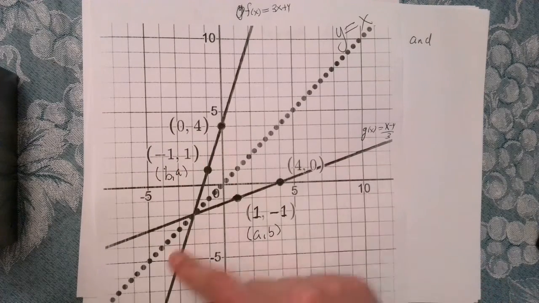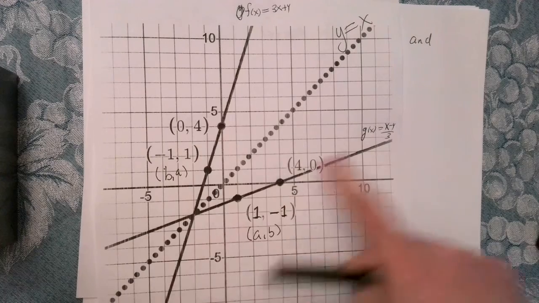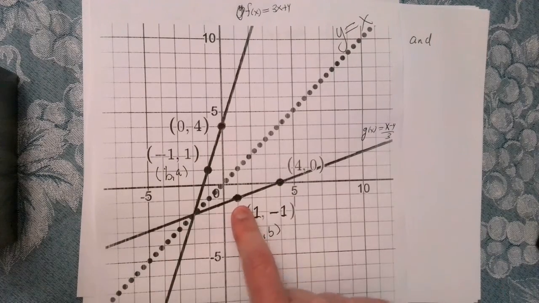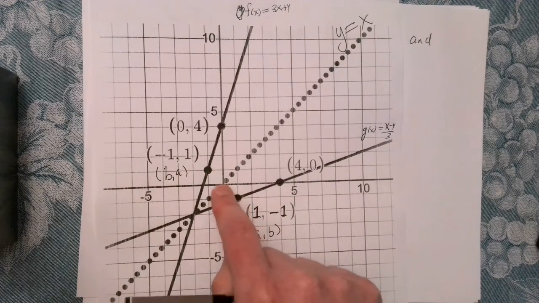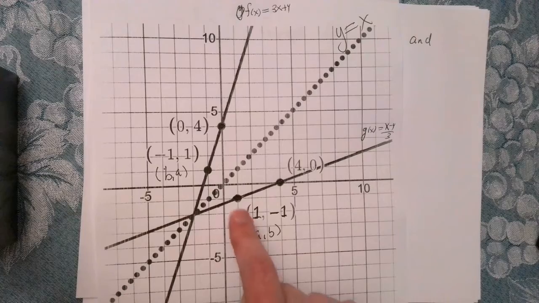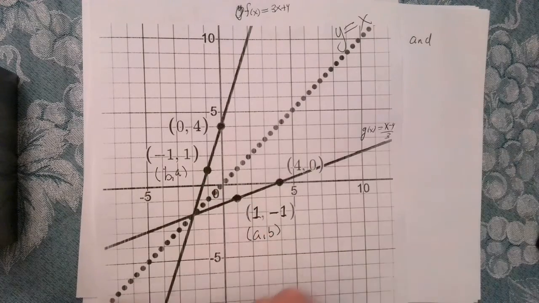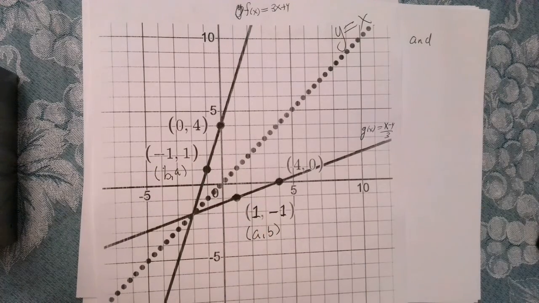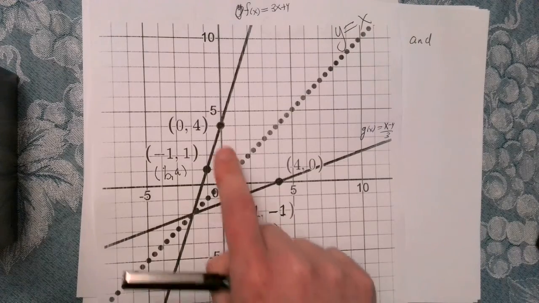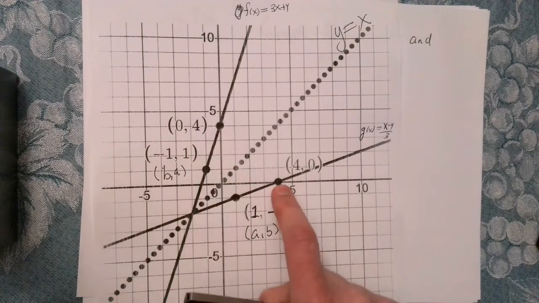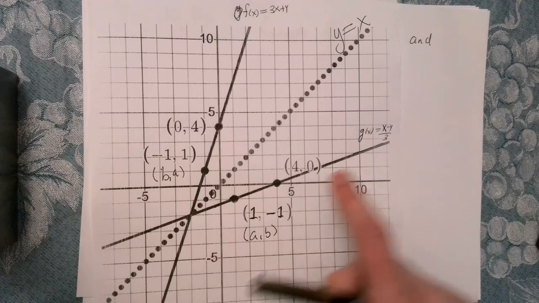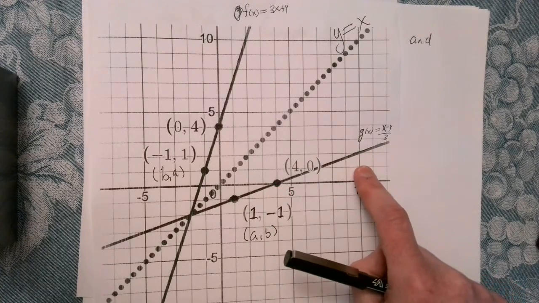So if these two are really inverses of each other, if the point (A, B) is on one of the graphs, then the point (B, A) will be on the inverse. And that's where the reflection through y equals x is coming from. If that property holds, that's exactly the definition of a reflection through y equals x. So you can say here, if (A, B) is on the graph of f, then (B, A) is on the graph of g, and I could keep picking points like that.